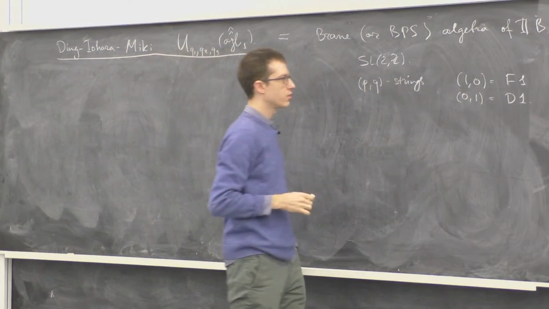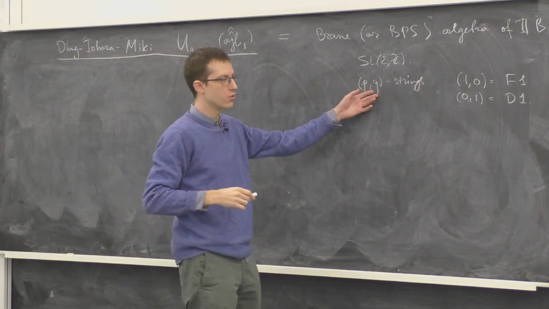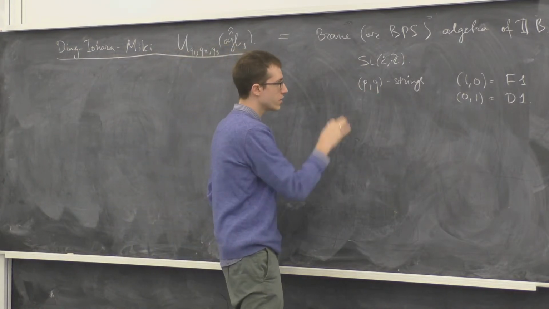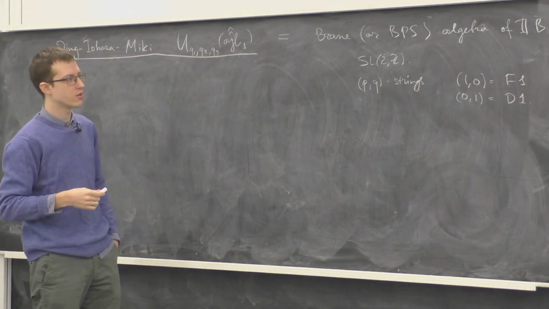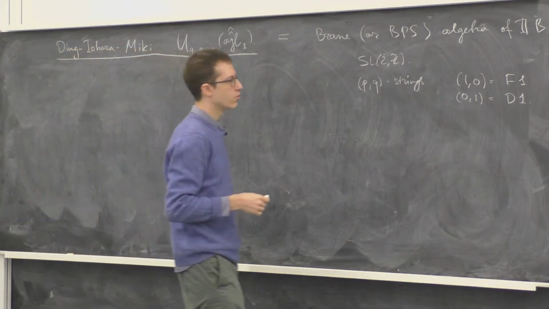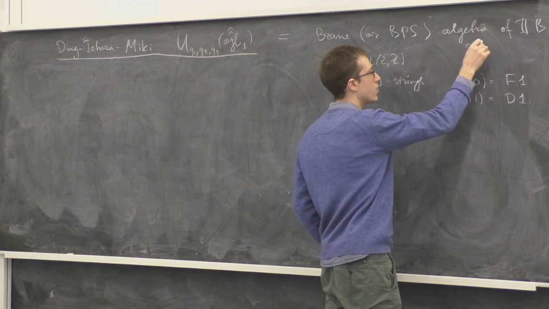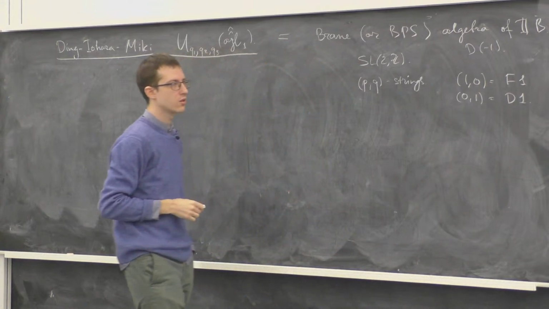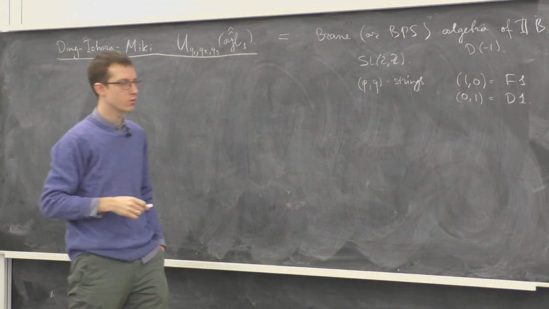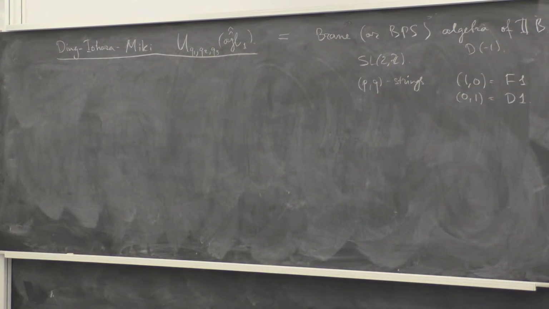So the SL2Z transformations naturally rotate these PQ numbers. And then there are of course more branes in this story, more objects. So everything starts with D(-1), so this we are not going to consider. I may comment in the end on the role of D(-1). They are sort of implicit, so in the construction they are summed over.